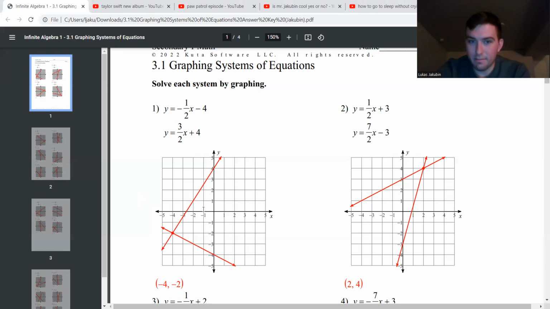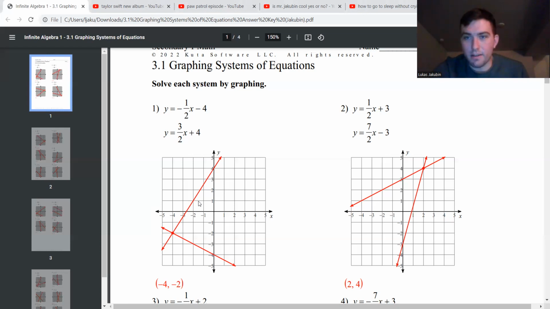So x is left and right. To find out what this coordinate is, we go left 1, 2, 3, 4. So our x is -4, as we can see right there. And then our y, that's how far we go up or down. From the -4, we go down 1, 2, then our -2. Down is negative, so -2 would be the second number of our coordinate pair.